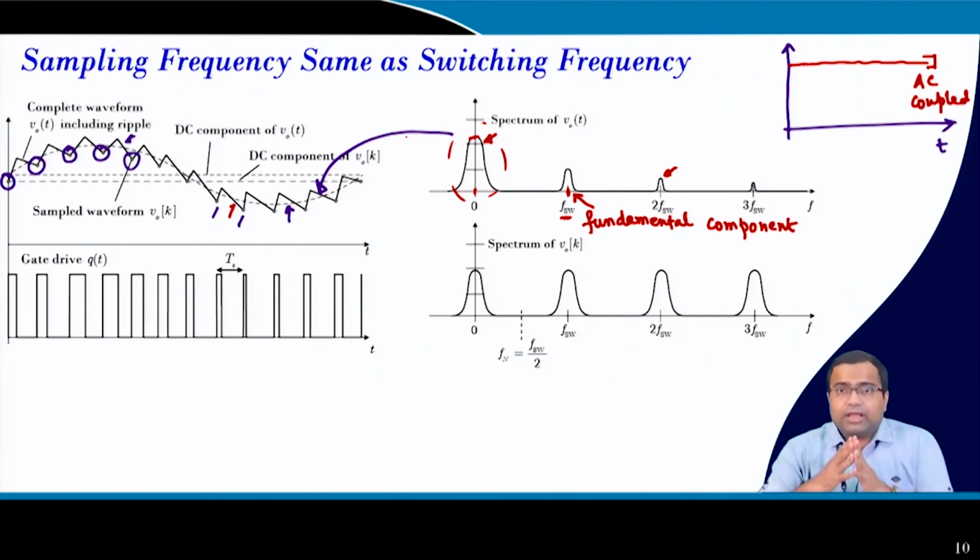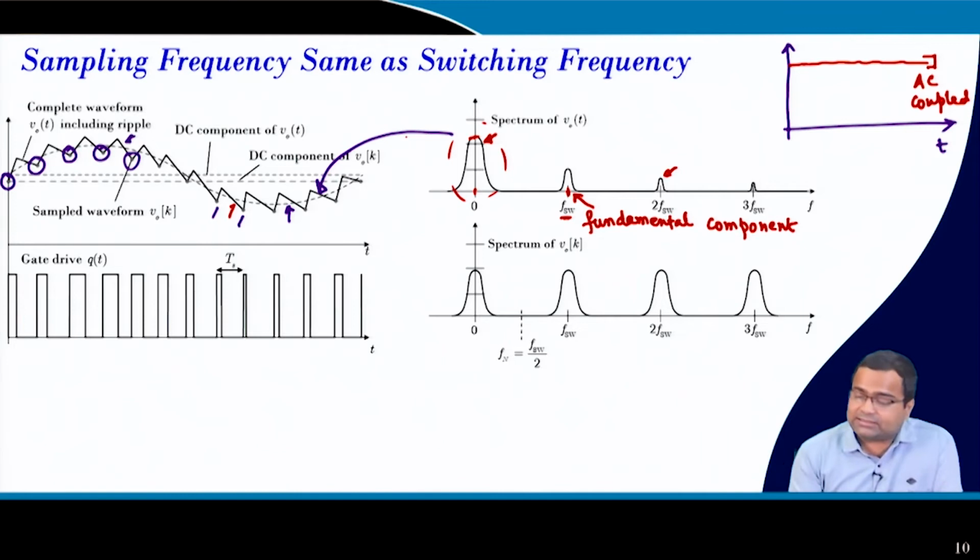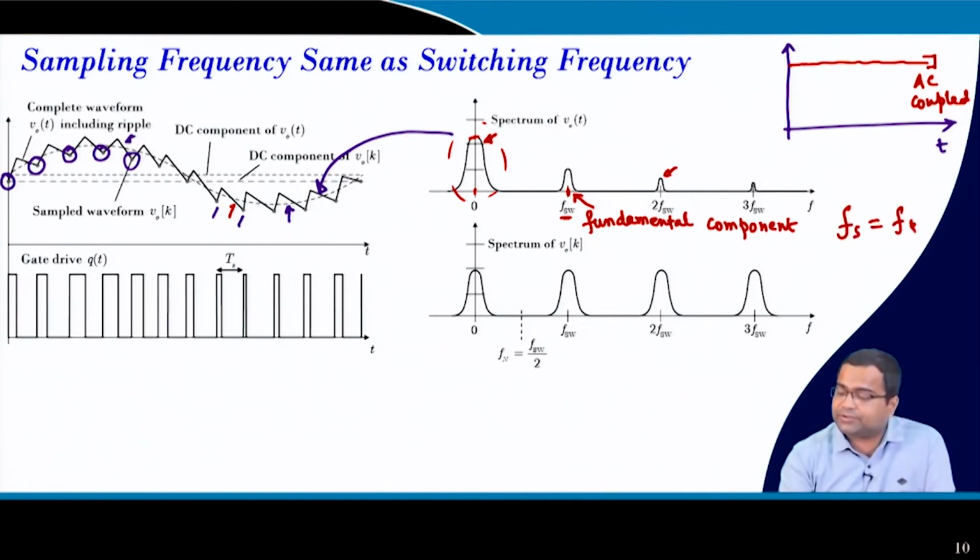Now, if we take one sample per cycle, then what can we expect? We saw that with one sample, your sampling frequency is the same as the switching frequency, and we know that at 0 frequency it will also have a side lobe, which is here. That means we will get FSW, then we saw FSW plus sampling frequency, and in this case sampling frequency is the same as switching frequency.